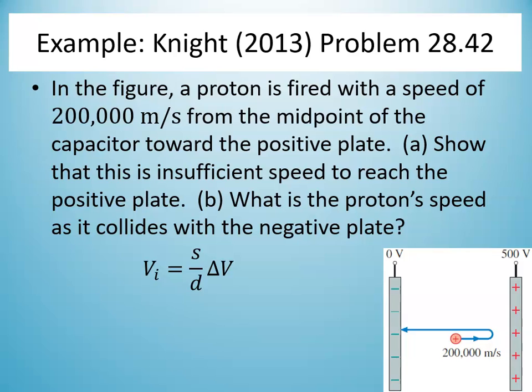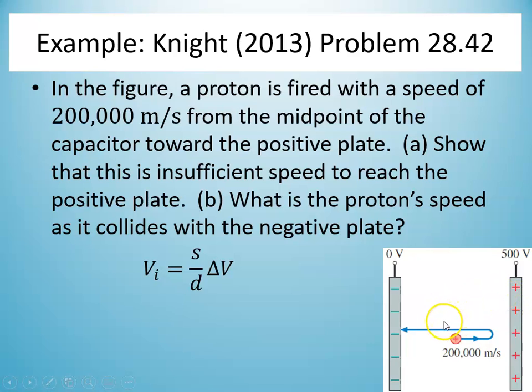The initial electric potential: we showed already that the electric potential is proportional to position in a constant electric field. And this is a constant electric field. Now, if you're not convinced right now that this equation is true, then keep this in mind. Since it's a constant electric field, remember the fact that the change in potential is equal to the electric field times the distance in a constant electric field.